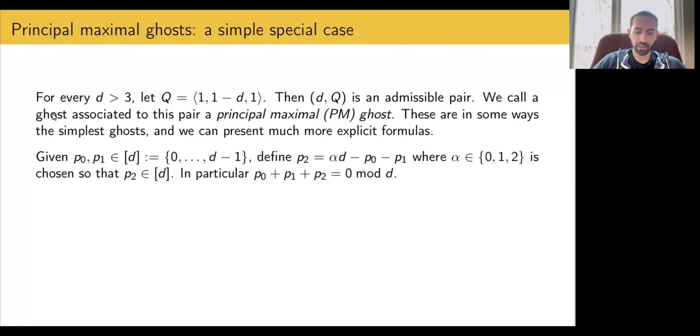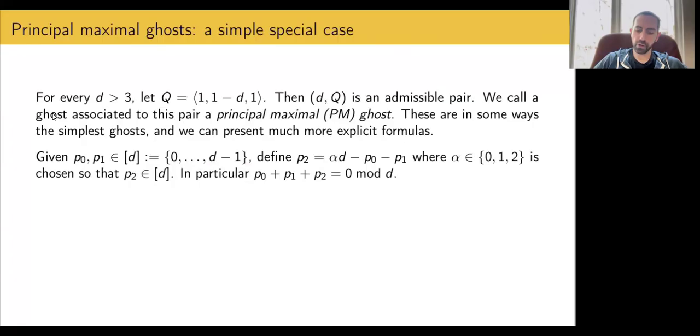Okay. So I'm going to pick two integers, P0 and P1. Conceptually, these are integers mod D, but I'm going to pick them to be concrete integers between 0 and D minus 1. And then I'm going to let P2 be the element inside this set such that when I add P0, P1 and P2, I get 0.